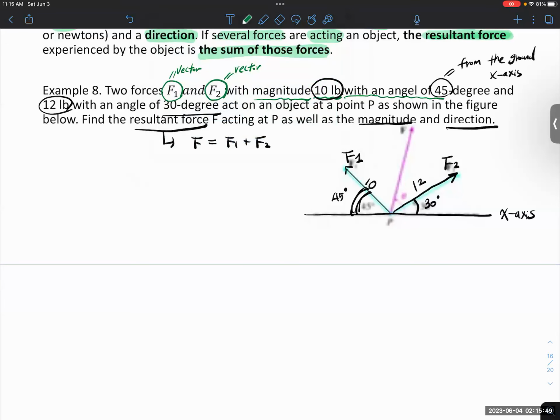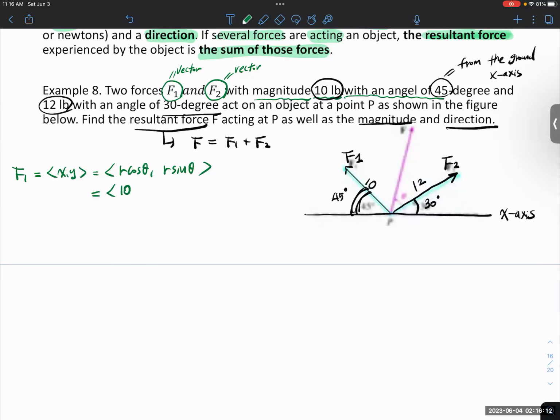Since they give a magnitude and degree, we're going to use the component form of the vector, x comma y. We're going to convert it to r times cosine theta, r times sine theta as the component form. So r in force 1 is 10.